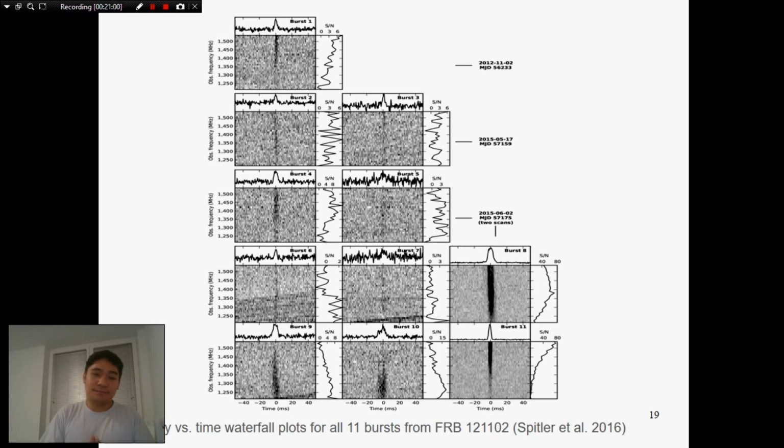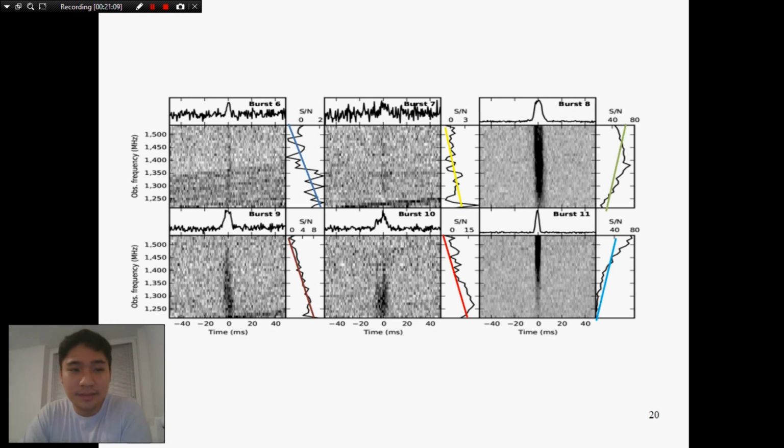This is the plot of frequency against phase. Okay, it looks complicated, so let me zoom in. This is the zoomed-in one. You can see that these 6th and 5th bursts were just within 10 minutes, and this one is brighter at lower frequency and this one is brighter at higher frequency.